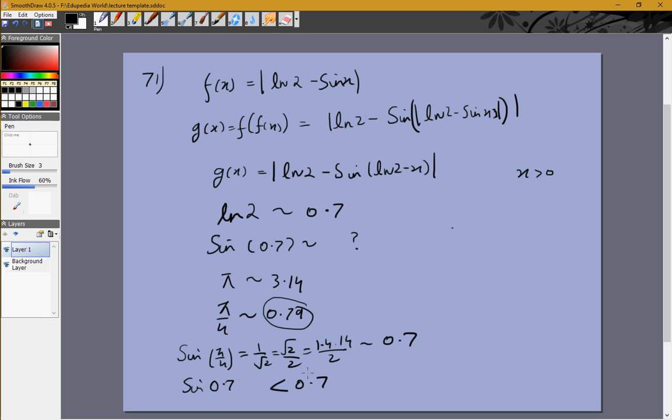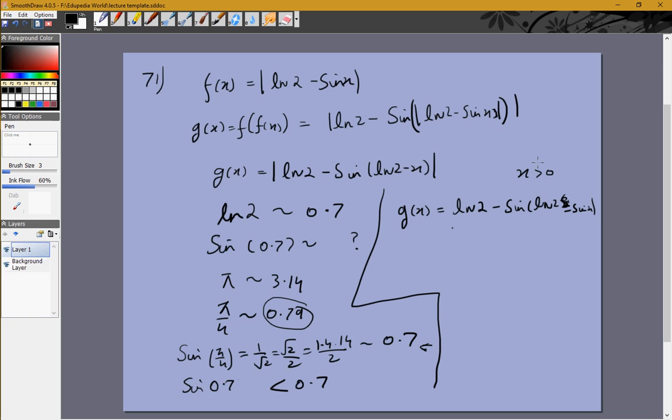Because sin x is an increasing function, if you take a value slightly smaller than 45 degrees, it will give you a value slightly smaller than 0.7. Right, so the thing inside the modulus will again be positive. So you get g of x is equal to ln2 minus sine of ln2 minus sine x, for x greater than 0.